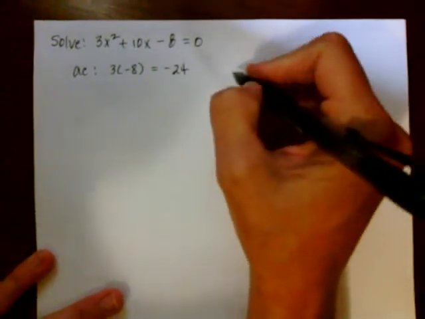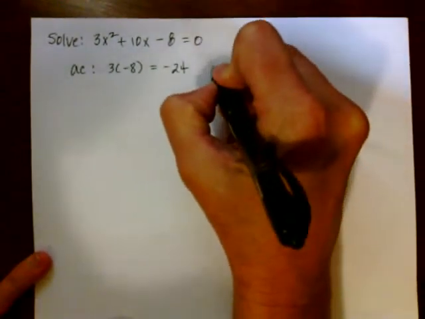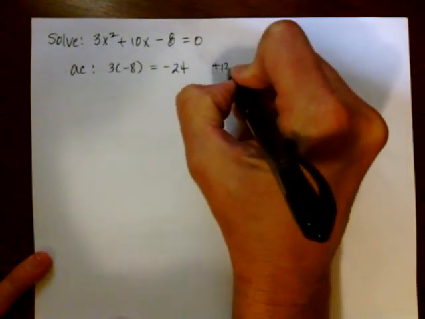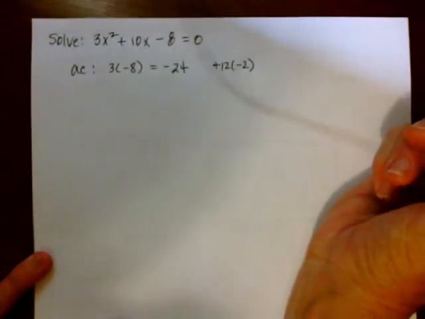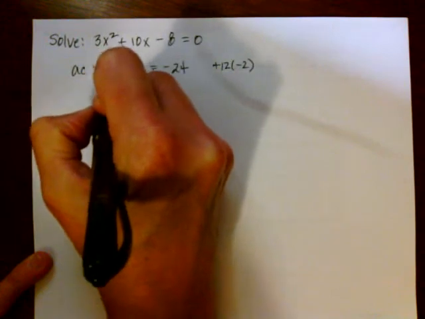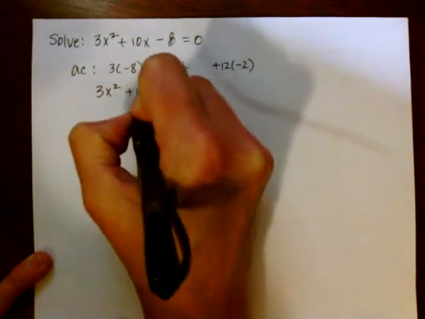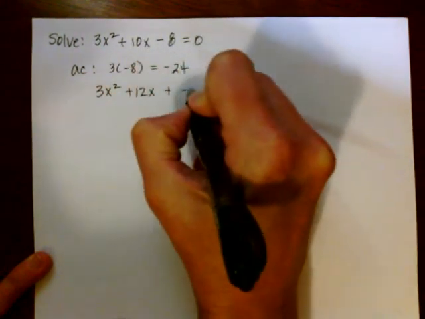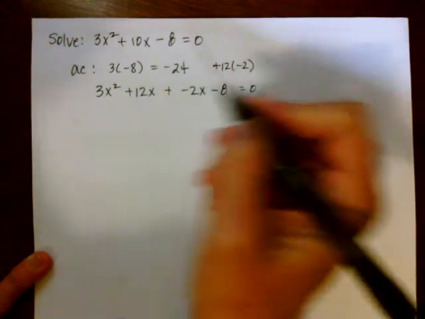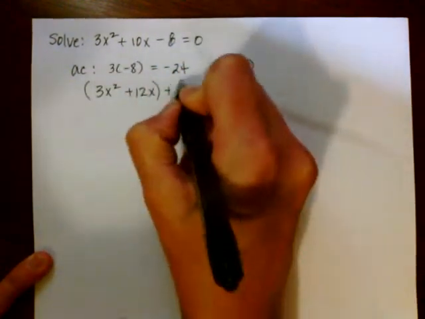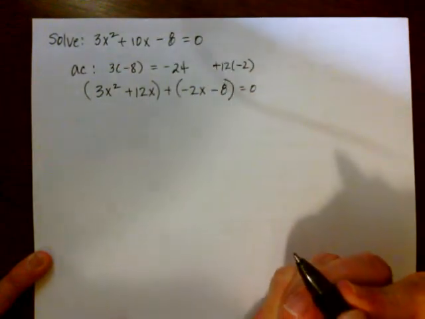And the factors of negative 24 that give me 10 are going to be a positive 12 and a negative 2. So then when I rewrite my equation, 3x squared plus 12x, plus a negative 2x minus 8 is equal to 0. I'm going to group and group.